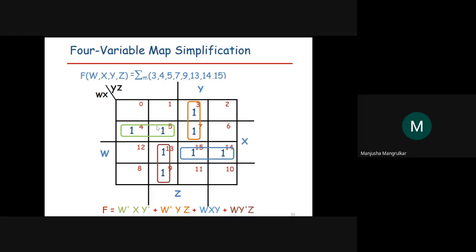This is a 2 group, this is a 2 group, this is a 2 group. We cannot do it with the 4 grouping because it will leave this one, this one, and this one. So we need to think about this according to our logical thinking, right?